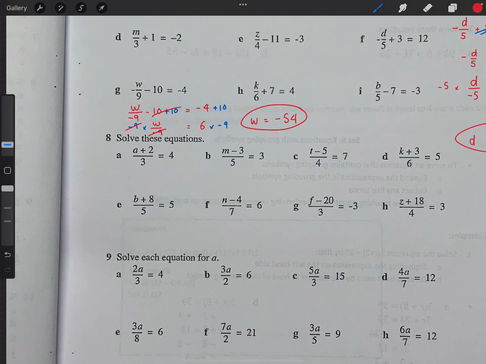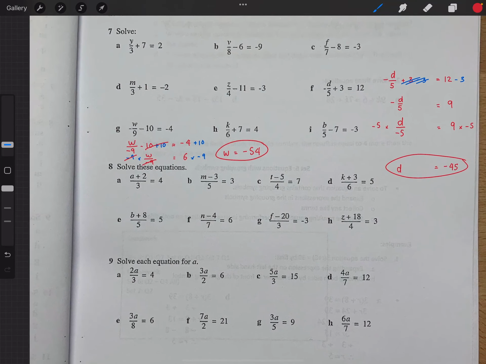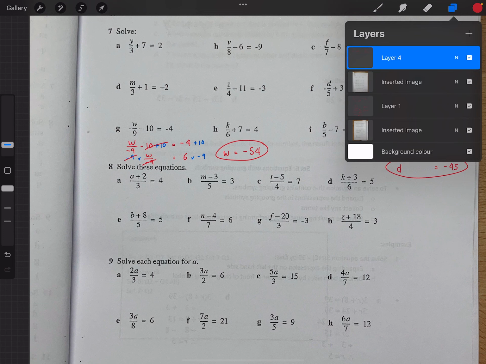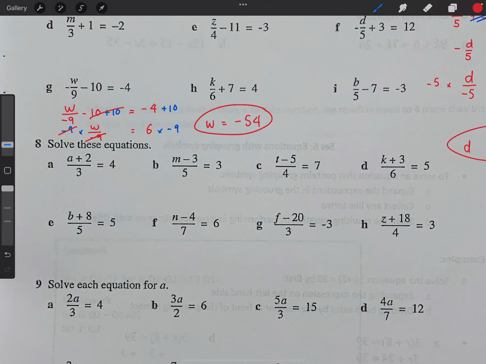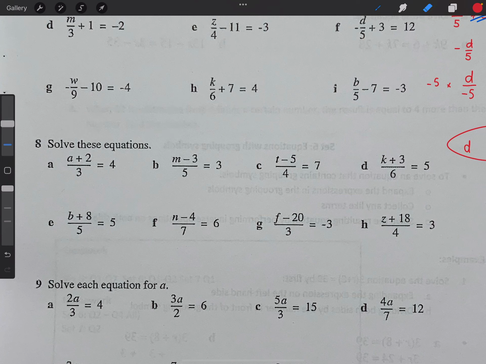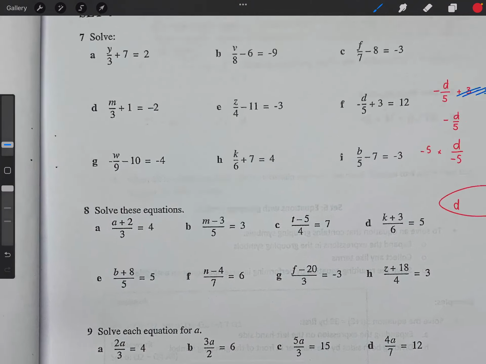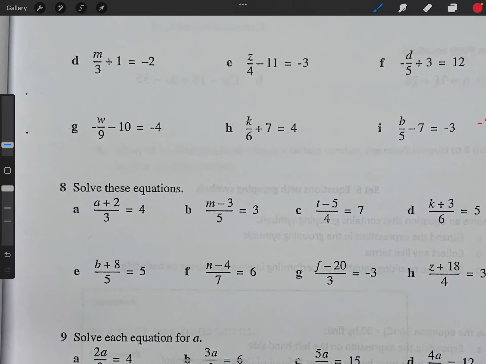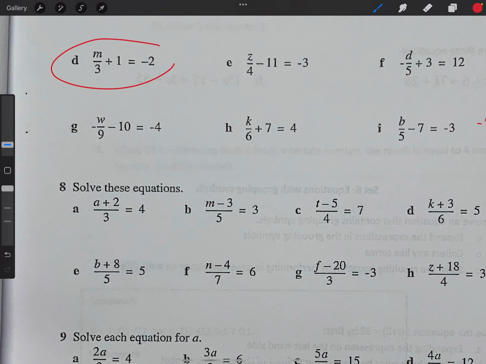Now what I want to do is emphasize the difference between these two types, questions 7 and 8. So let's just rub this out, just to give me some room. Let's look at question 7D and this one here, 8A.